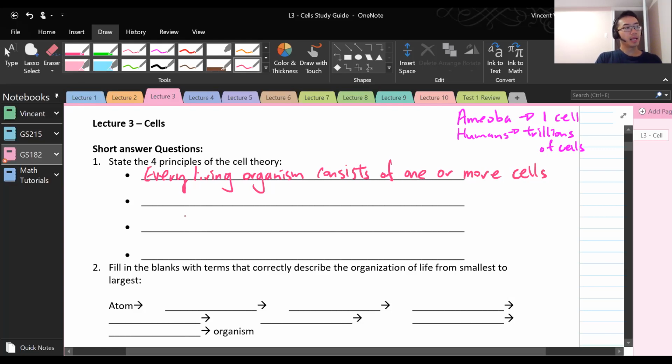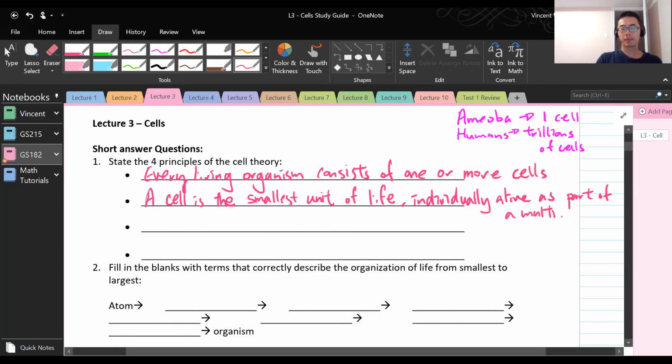Another part of the cell theory is that a cell is the smallest unit of life, individually alive as part of a multicellular organism.